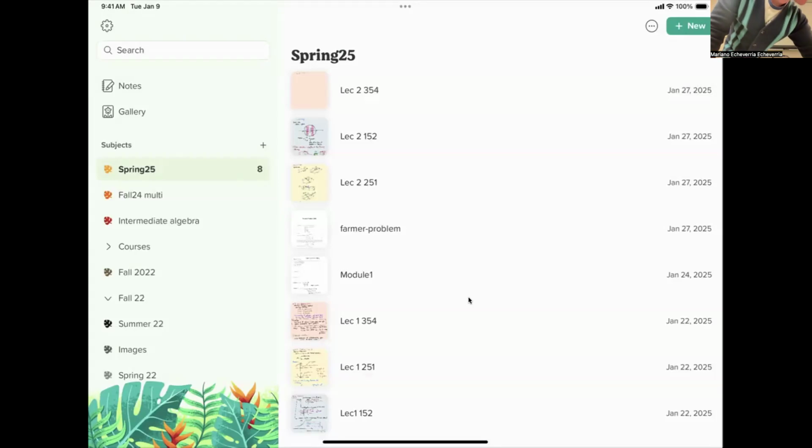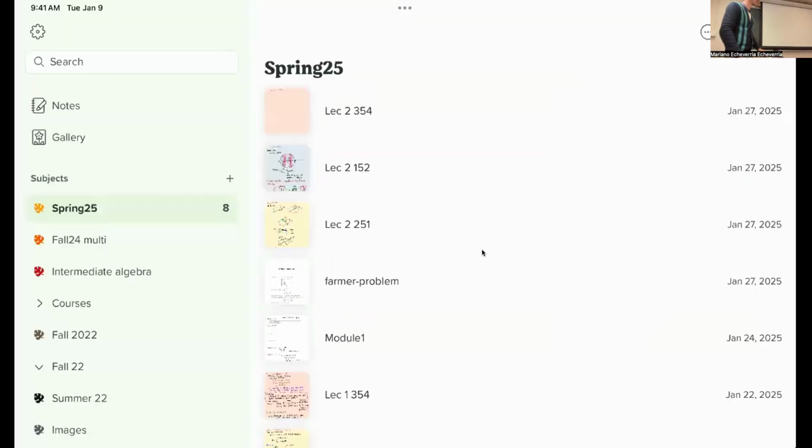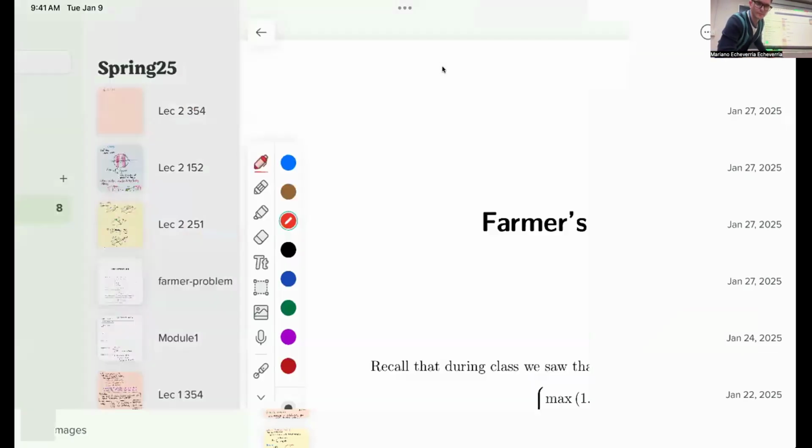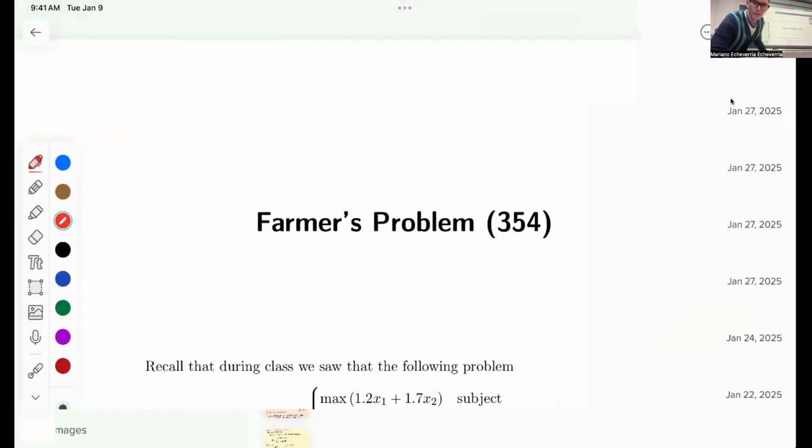Maybe one of you found the answer and you can tell me if you found it. Why does this look so weird?